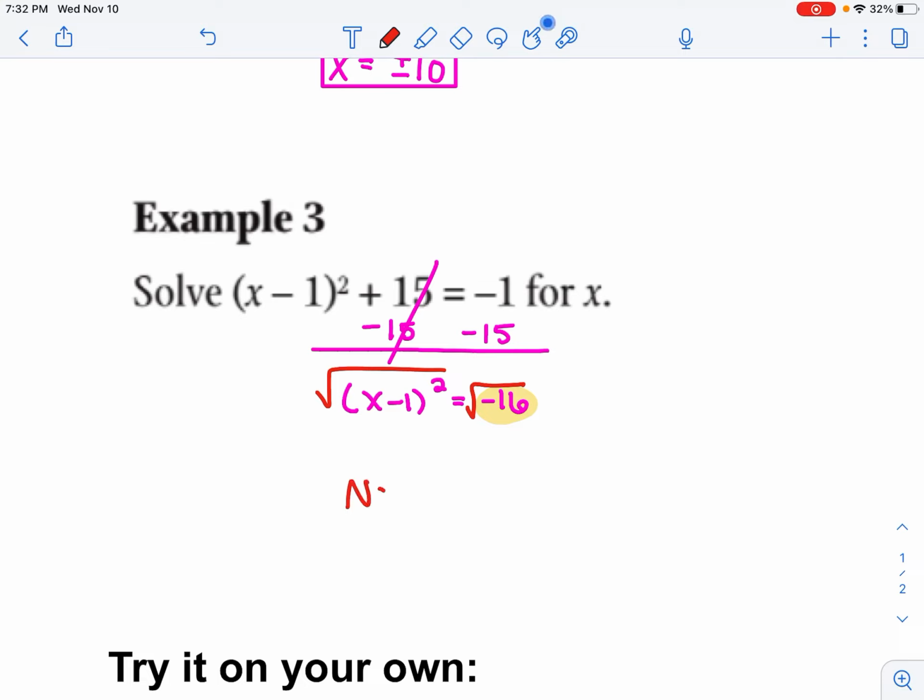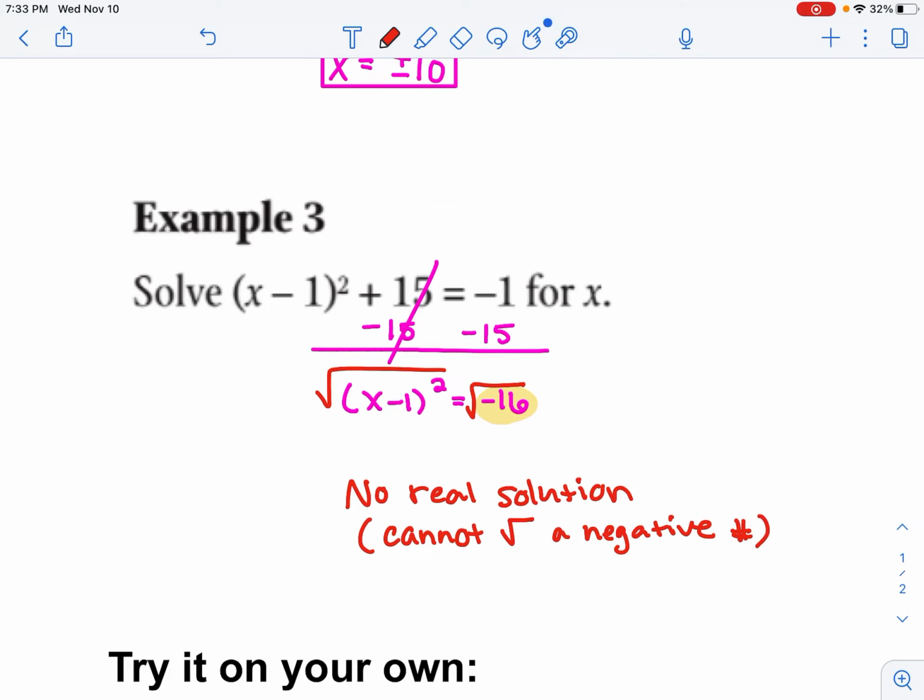So we could say that here there's just no real solution. And the reason why is because you cannot take the square root of a negative. So you cannot square root a negative number.